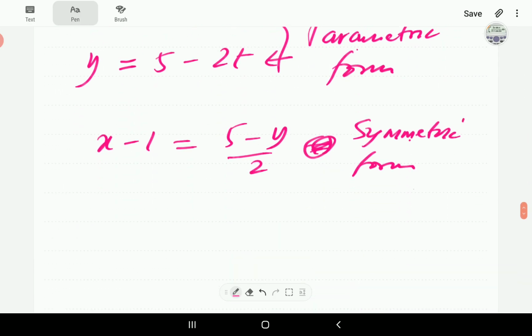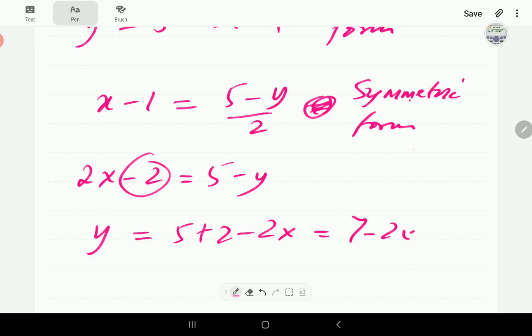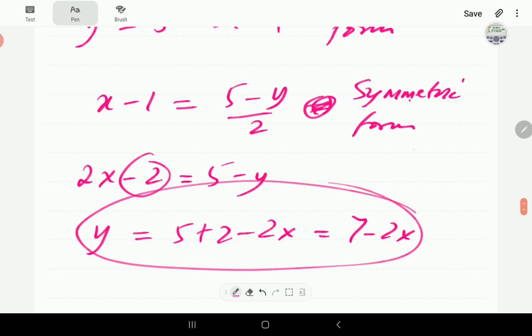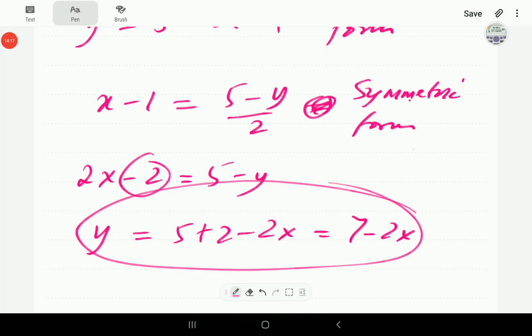If we multiply everything by 2, I've got 2x minus 2 equals 5 minus y. Bring y to this side, then this is going to be 5 plus 2 minus 2x. This is 7 minus 2x. So from that symmetric form we recover exactly the same equation that we started with.